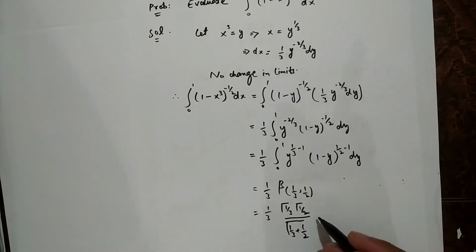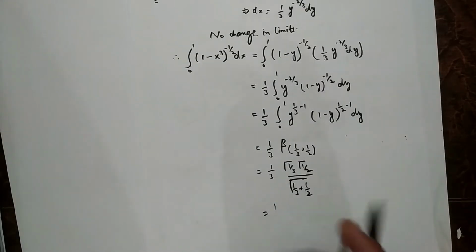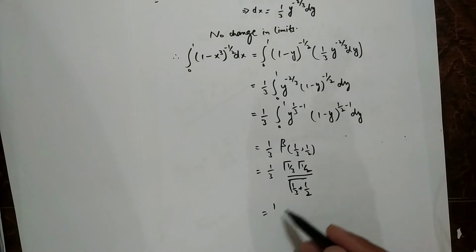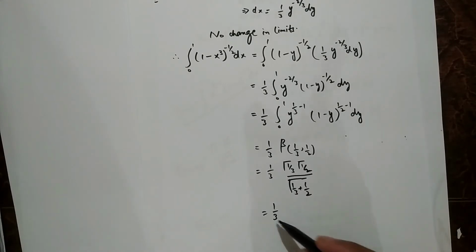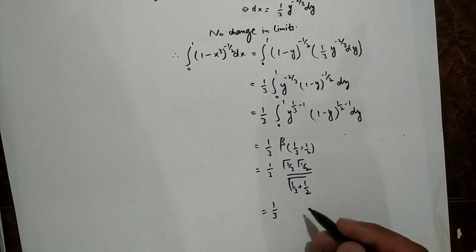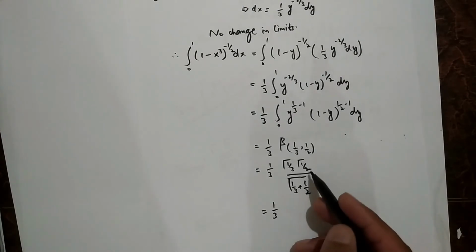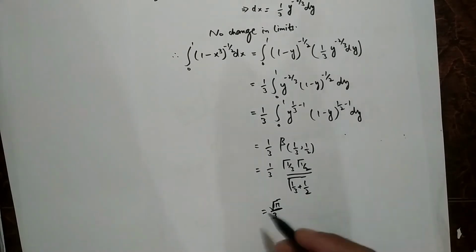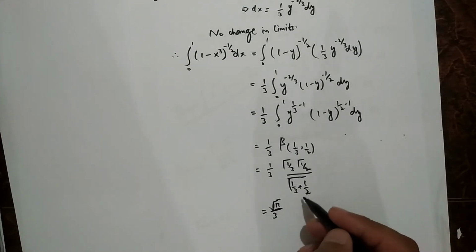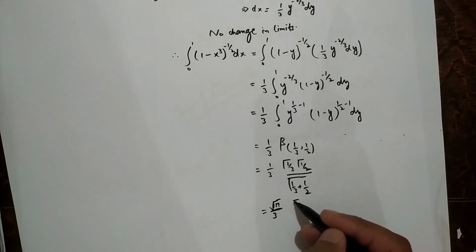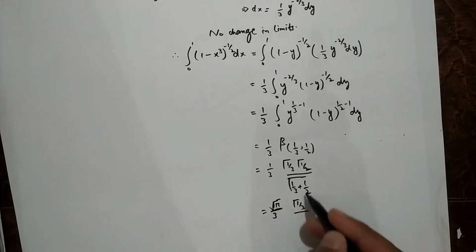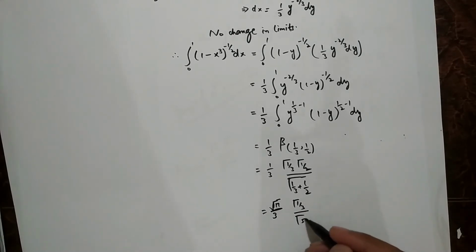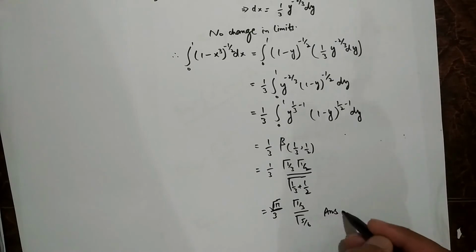And by simplifying it, I can write it as 1 over 3, and this gamma half is actually under the root pi, which was already done in the gamma function, and this will be gamma 1 over 3 upon gamma 5 over 6. So this is the answer.